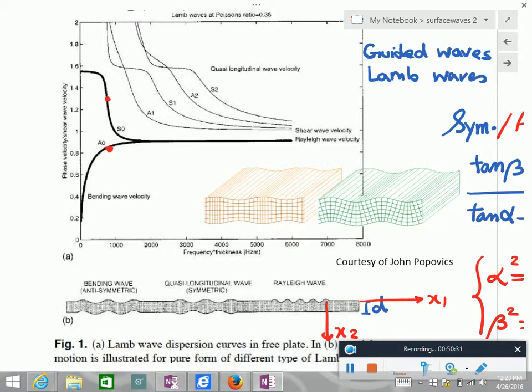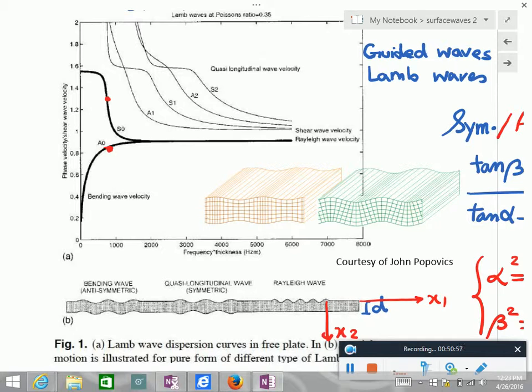That's for low frequency. This is nothing else but the flexural mode that you already know. Now, the asymmetric mode converges at the end towards shear wave velocity. It's slightly larger than the Rayleigh wave velocity, but not quite.